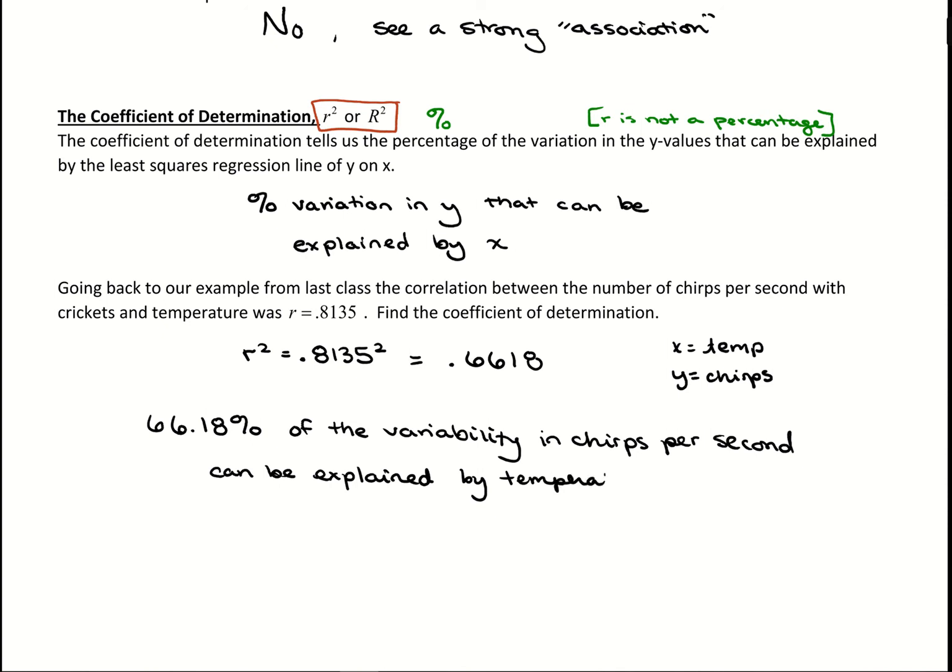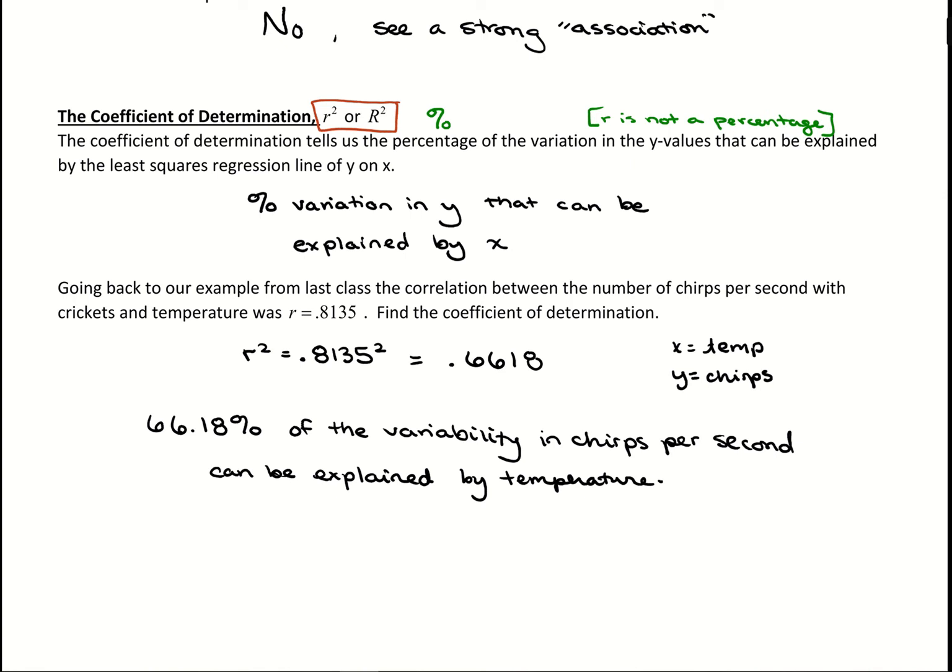So it's a way of describing the relationship, as you can kind of get the sense of the higher the percentages, the stronger that association is going to be. So in this case, chirps per second varies in some way. Just cricket to cricket, time of day to time of day. There's some variability. And what we can determine from this relationship is 66.18% of that variability is coming from temperature.